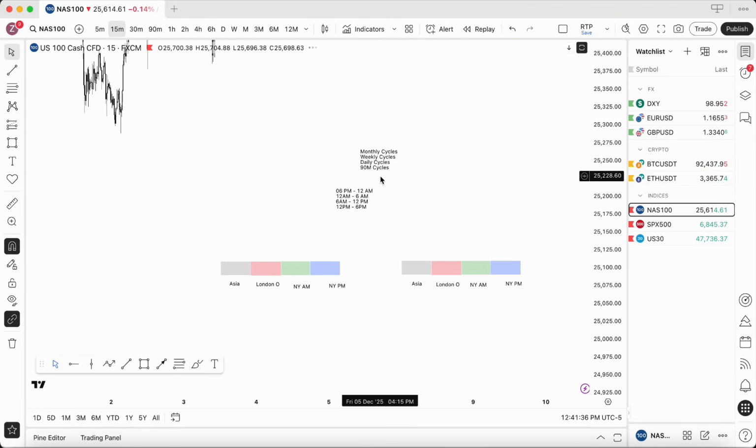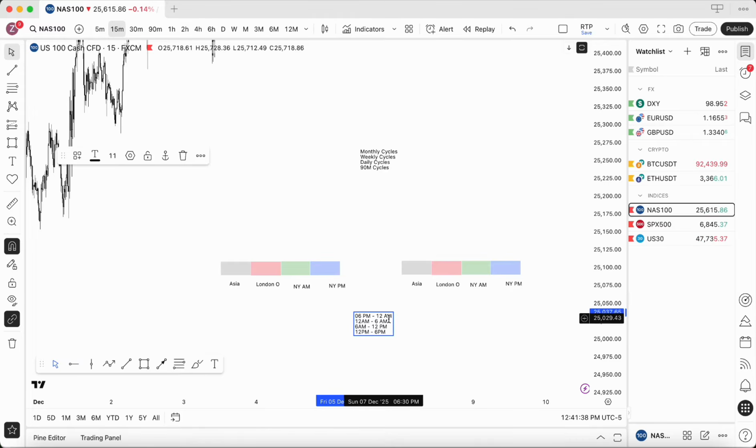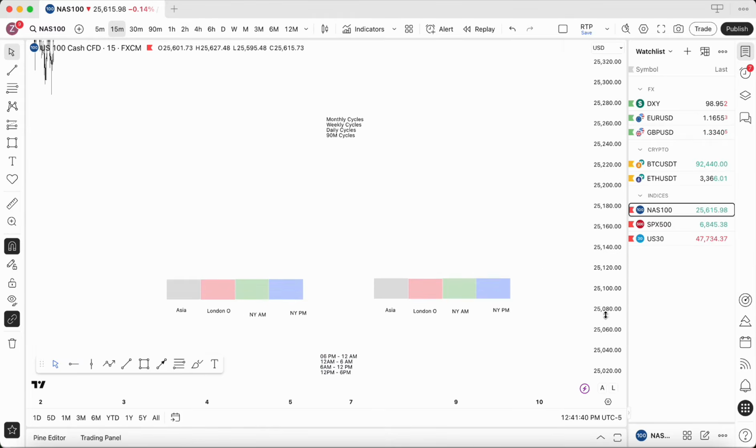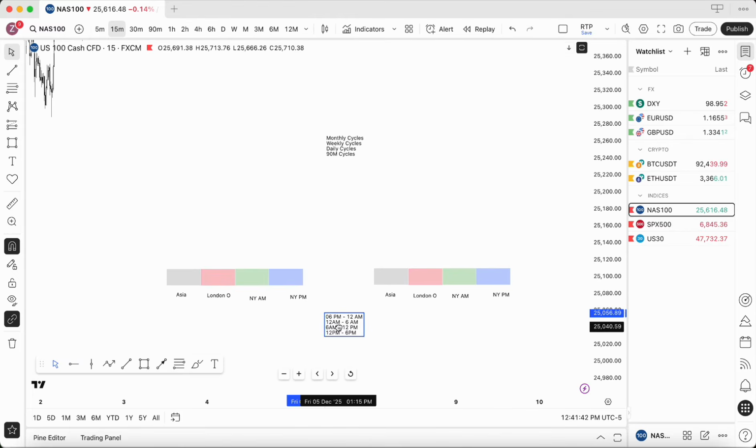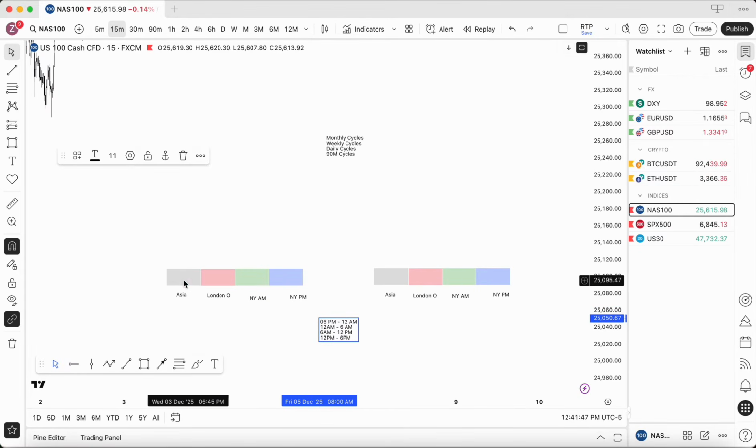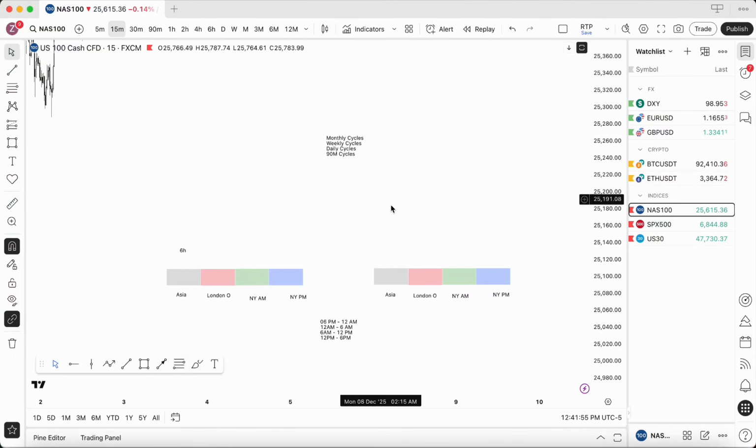These are the daily cycles, which are sequential SMT between the intraday sessions, using them with 6-hour candles, starting from 6 p.m. onwards. So from 6 p.m. to 12 a.m. is my Asian session.